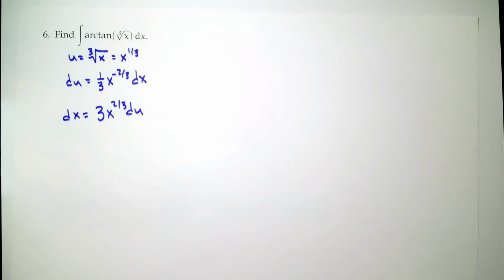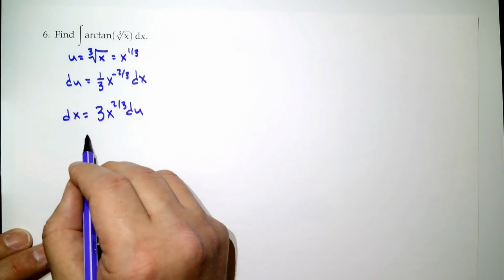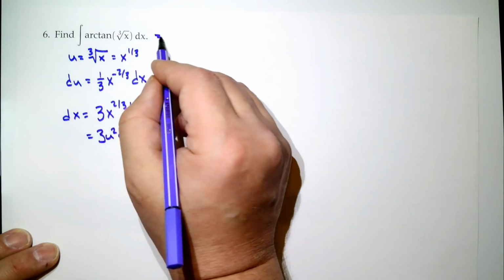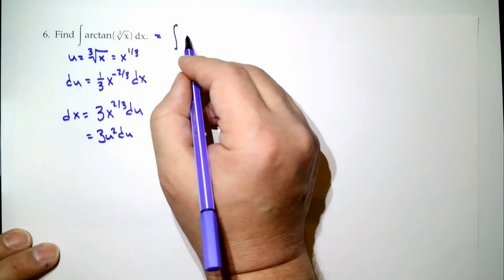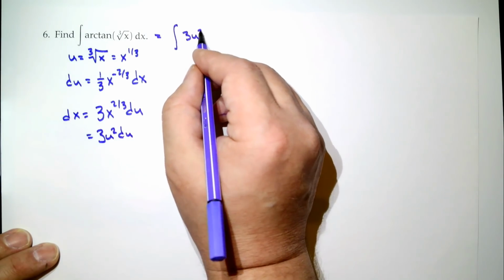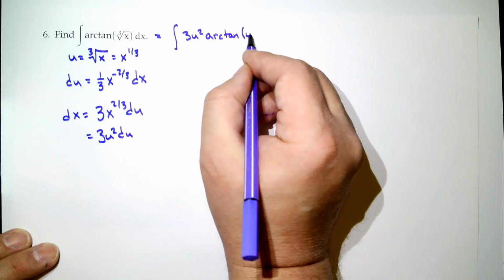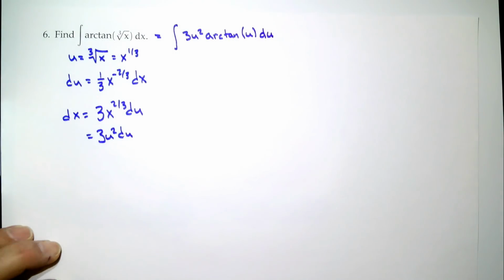So what does the x to the 2/3 become? It becomes u squared. So dx equals 3u squared du. So instead of doing this integral, we'll do the integral 3u squared arctangent u du. Okay. And once we're done, whatever our answer is, we will substitute back whatever u needs to be to make it work.